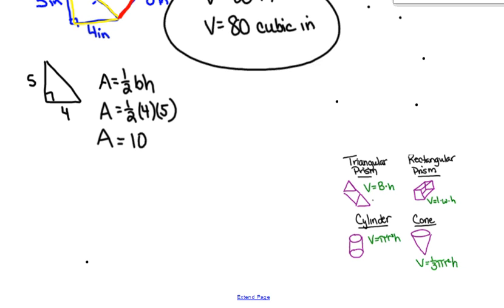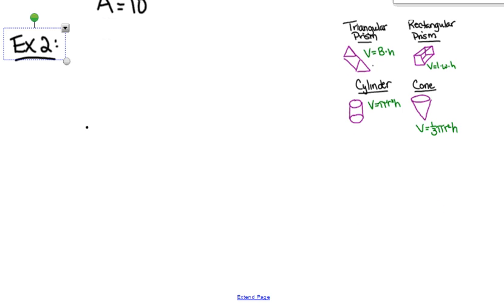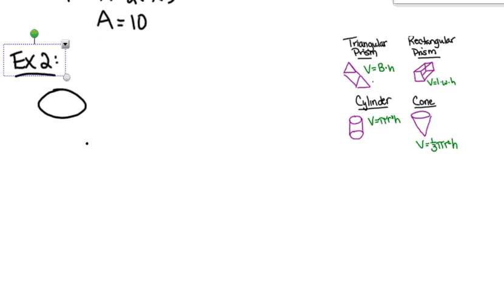The next example is going to be a figure that looks like this. So again, the hardest part of this whole process is determining which formula it is that I'm going to use.